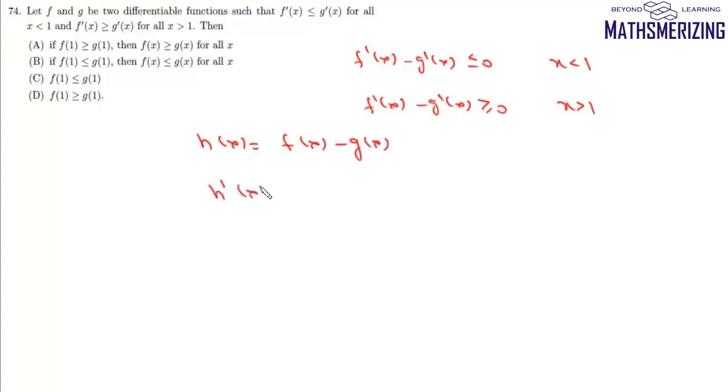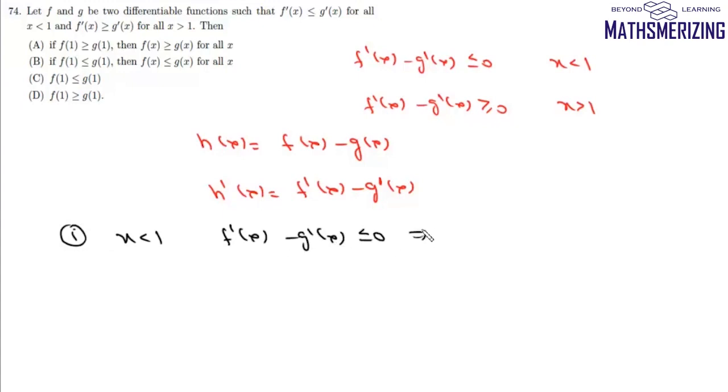Then we can write h dash x as f dash x minus g dash x. Now we'll consider the first case, when x is less than 1, that is when f dash x minus g dash x is less than or equal to 0. So here we can say h dash x is less than or equal to 0, implying that h(x) is a decreasing function.